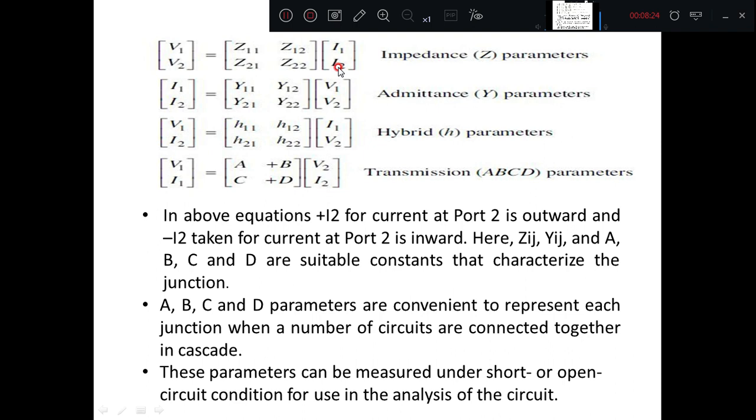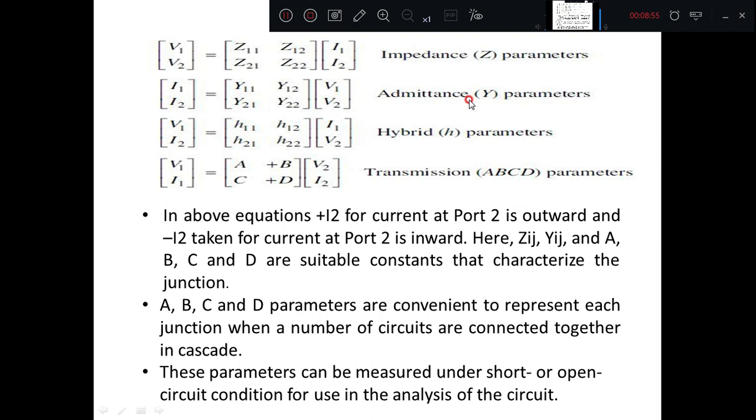Similarly, if you want to calculate Z11: impedance is a kind of resistance, and resistance is voltage divided by current. So Z11 is P1 divided by I1, Z12 is P1 divided by I2, Z21 is P2 divided by I1, and Z22 is P2 divided by I2.